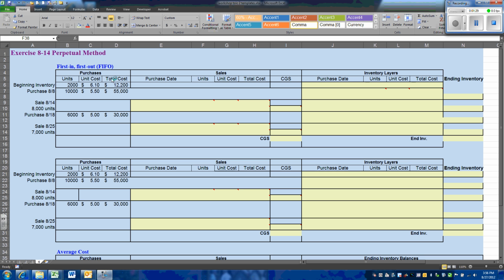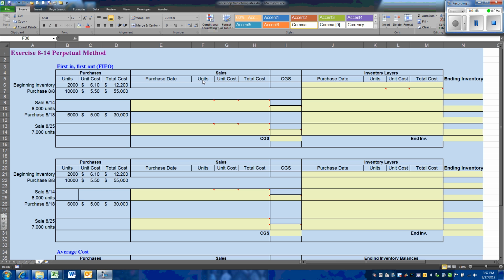So on our spreadsheet, we have different columns that give us the data for the purchases in both the number of units, the unit cost, and the total costs. It gives us data on sales, but allows us to use the different purchase dates to calculate a cost of goods sold.